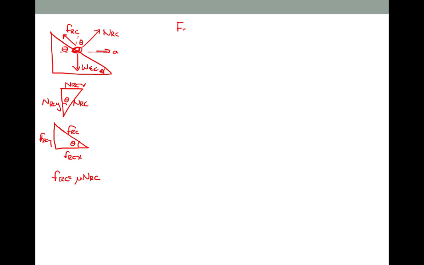Okay, if we think about the y direction, there's no acceleration in the y direction. There are 3 forces. There are 2 that point upward, the y component of the normal force and the y component of the frictional force, and one that points downward, and that's gravity.